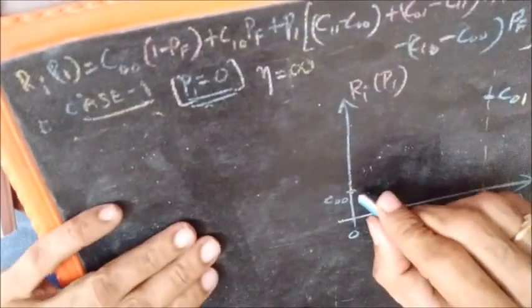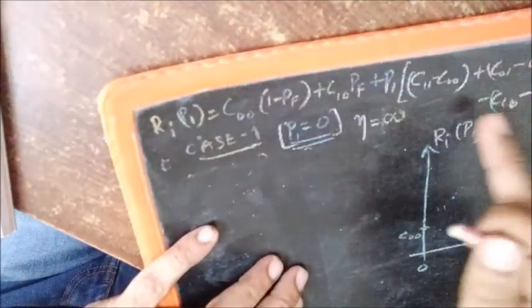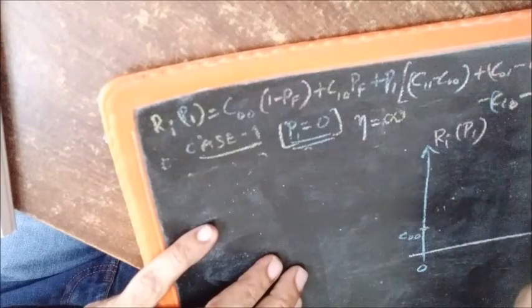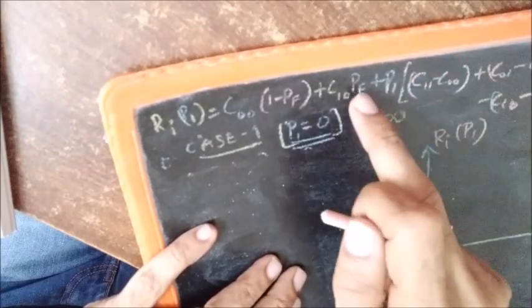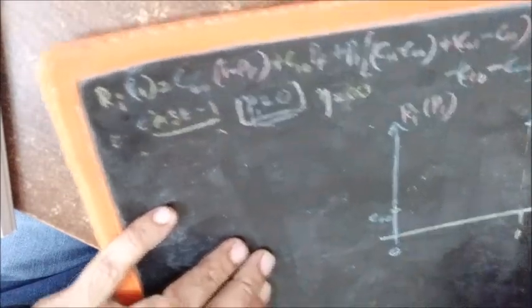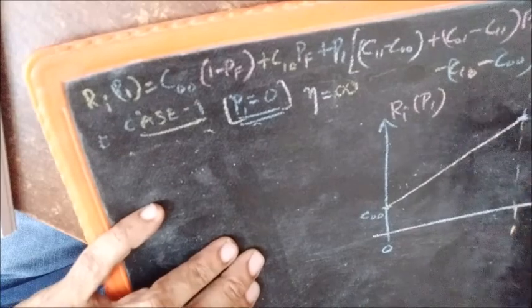And that variation is a straight line, and you can clearly see it here. This becomes the slope, this is the variable P1, and this becomes the intercept. This is the variation.